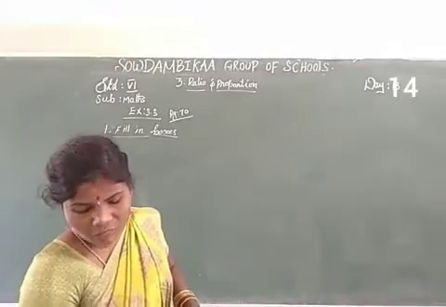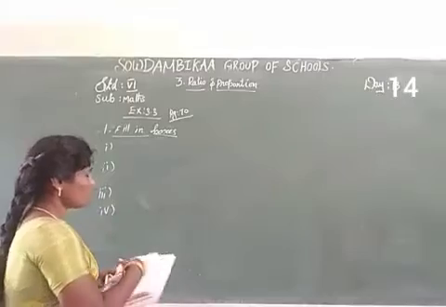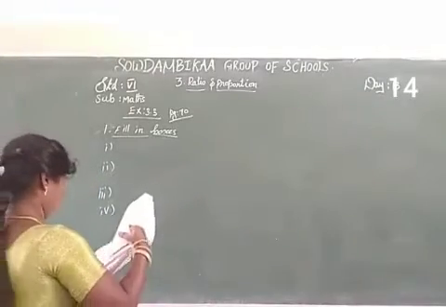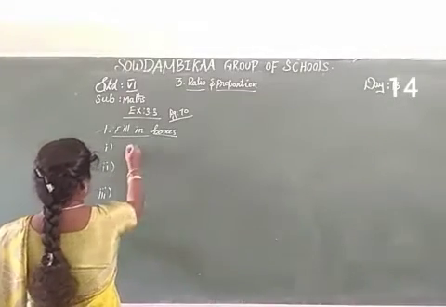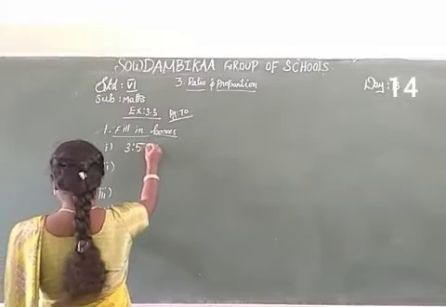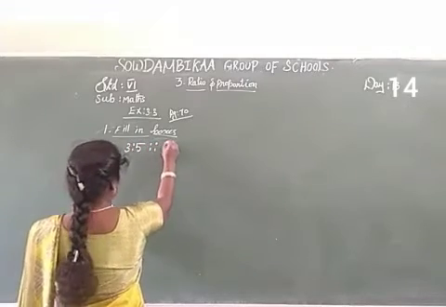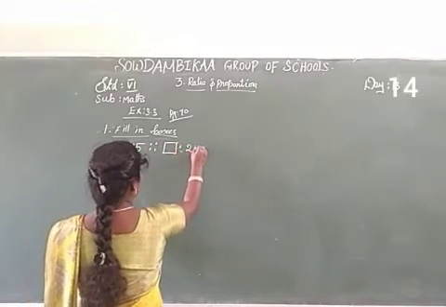Take page number 70. Fill in the box. 3:5 is equal to dash is to 20.